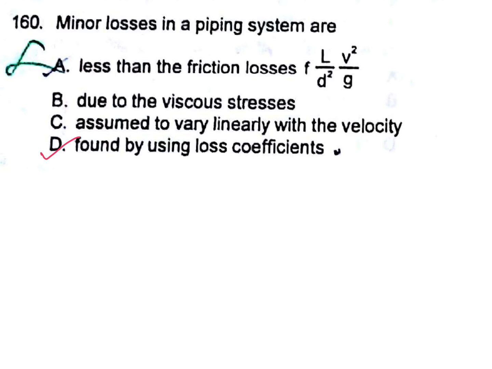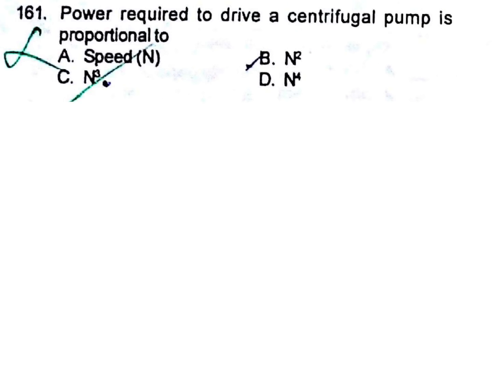Power required to drive a centrifugal pump is proportional to. This type of formulas also they are asking for problems. You have to use this type of formula. Sometimes IAS and ISRO also they are asking this type of questions. P is proportional to power, head and discharge: N cube, N square, NQ.